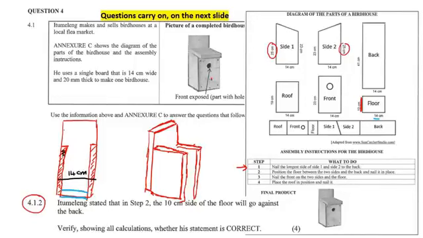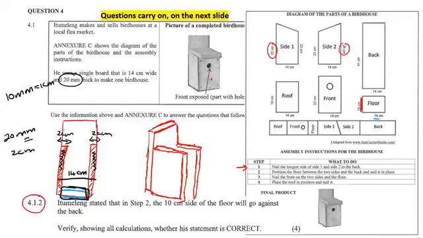Now we know that these thicknesses over here are 20 millimeters. If you change 20 millimeters to centimeters, remember that there's 10 millimeters for 1 centimeter, then you would find that this is 2 centimeters. So if you have 2 centimeters over here, and another 2 centimeters over here, how many centimeters do you still have in the middle?